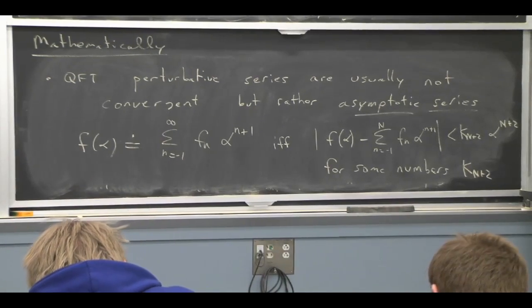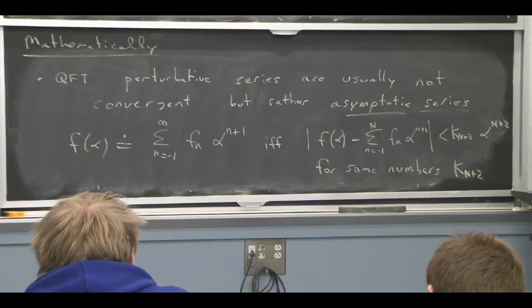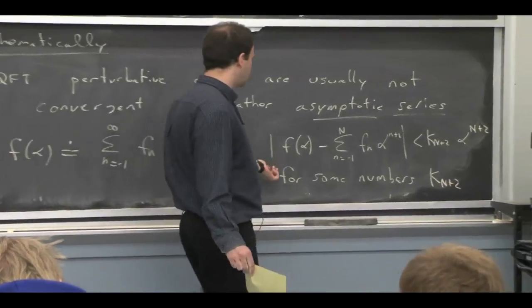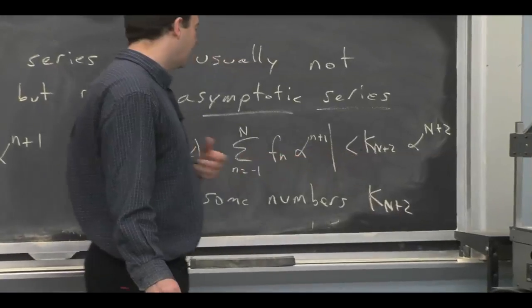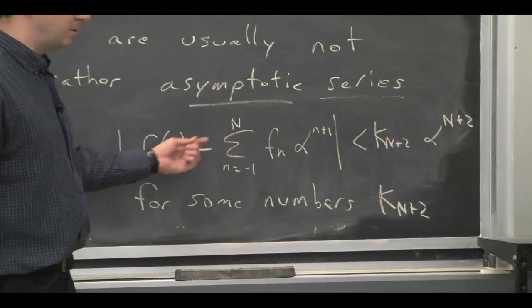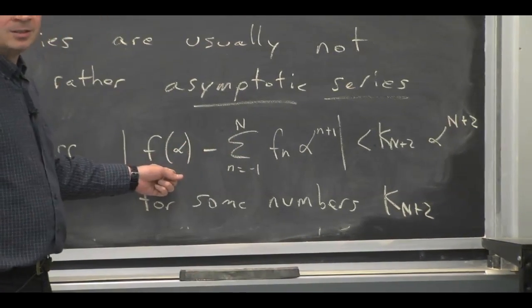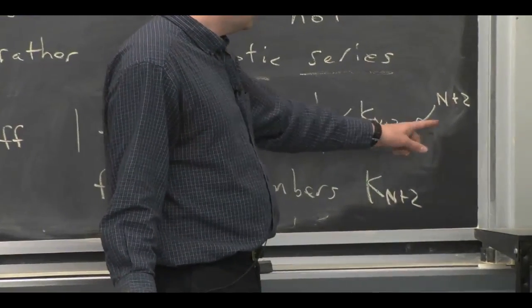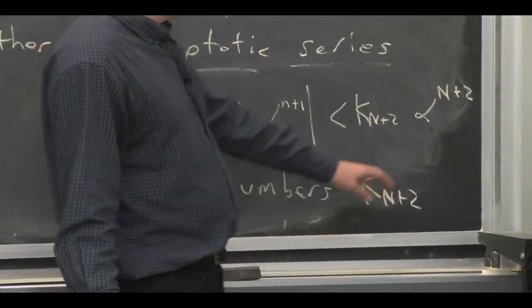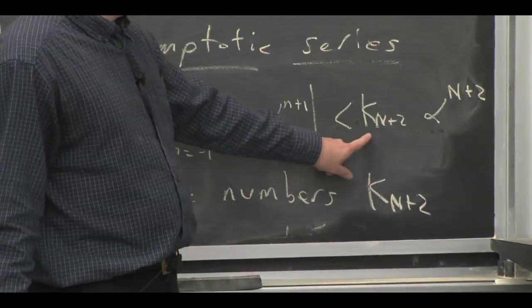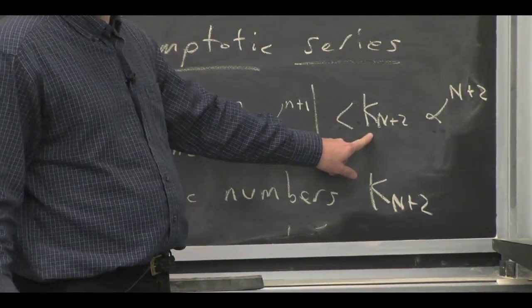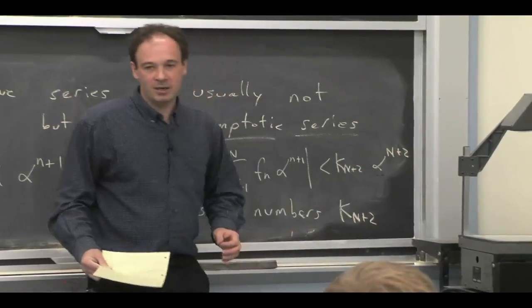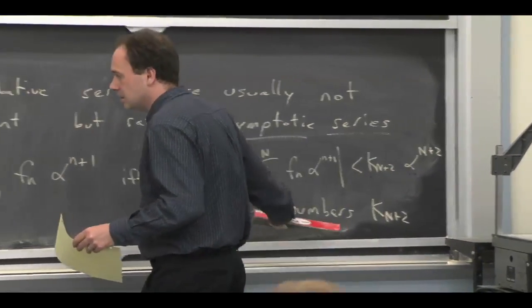That's actually a quite different definition than for a convergent series. For convergent series, you could pick any epsilon you like and make n big enough that this would get close to that. Here, I'm just saying that it's less than this with some power of alpha. Imagine that I pick alpha to be 0.1. The thing is that this k could still grow with n. And that actually will happen. So the truncation error, in some sense, is not being bounded in these asymptotic series.